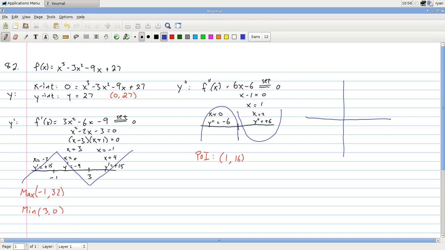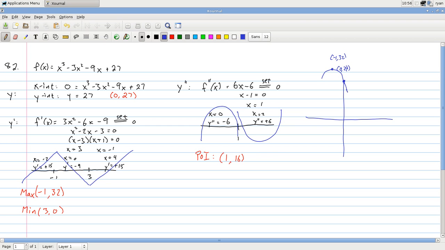So we know that if we look at our 4 points that matter so far, our first one is 0, 27. So up here at 0, 27, we have our intercept. We have a maximum over here at negative 1, 32. So the function maxes out here, passes through the intercept.